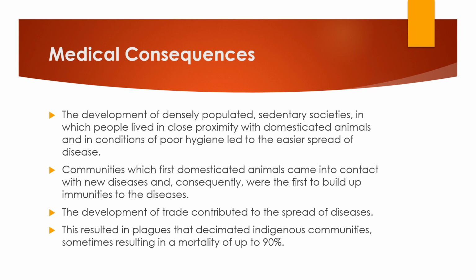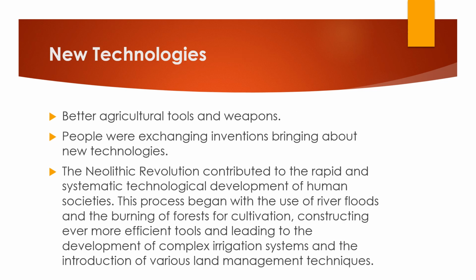Communities which first domesticated animals came into contact with new diseases and consequently were the first to build up immunities to these diseases. The development of trade contributed to the spread of disease. This resulted in plagues that could take out almost entire indigenous communities, sometimes resulting in a mortality of 90%.